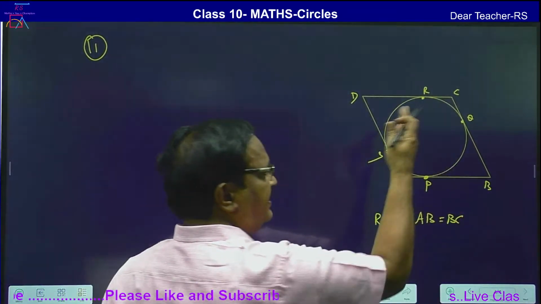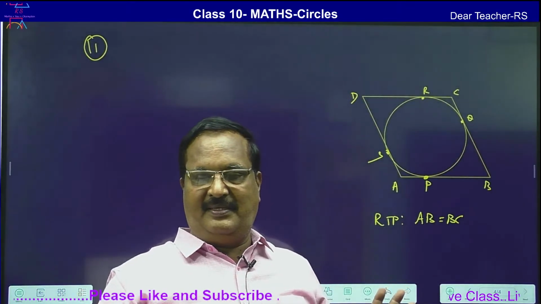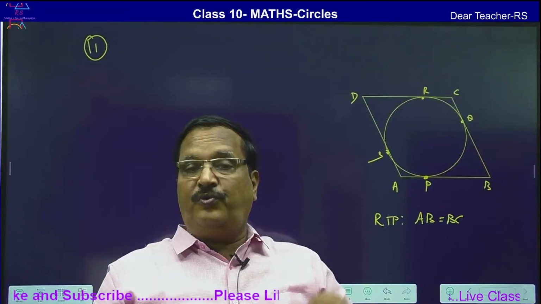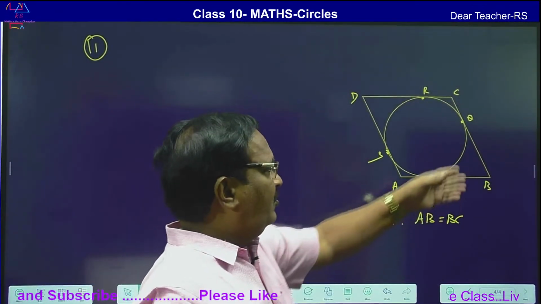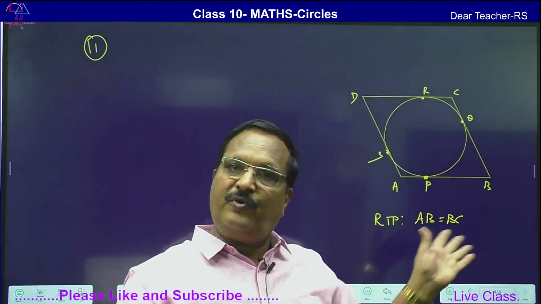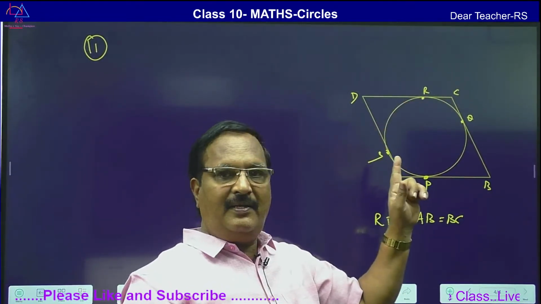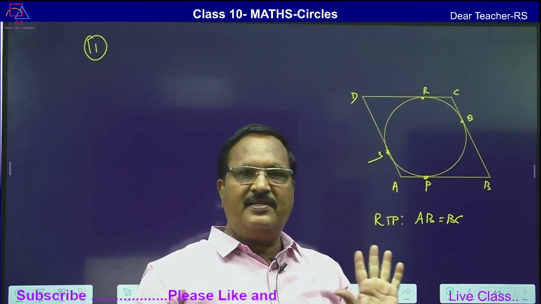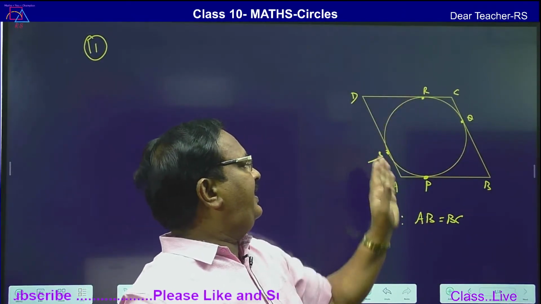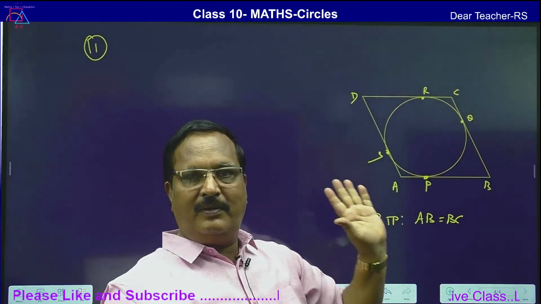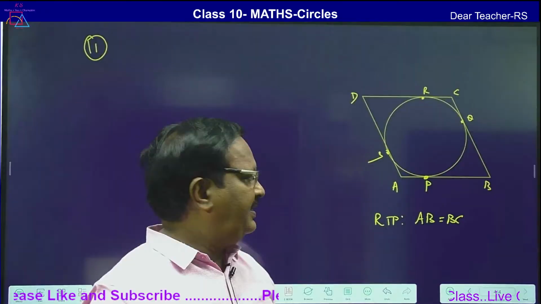That means if adjacent sides are equal in a parallelogram, then it is a rhombus. So to prove a rhombus, there are two conditions. Many people will think that all the four sides are equal. You can prove all the four sides are equal, or because ABCD is a parallelogram, prove the adjacent sides are equal. Adjacent sides are AB, BC, or BC, CD, or AB, AD. Side by side sides we call adjacent sides.